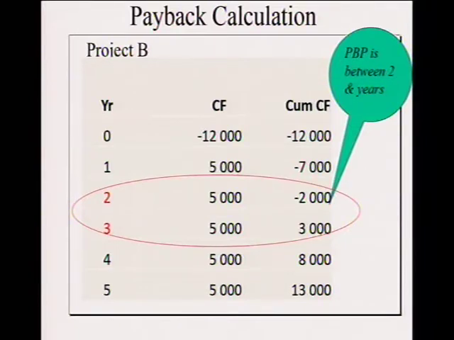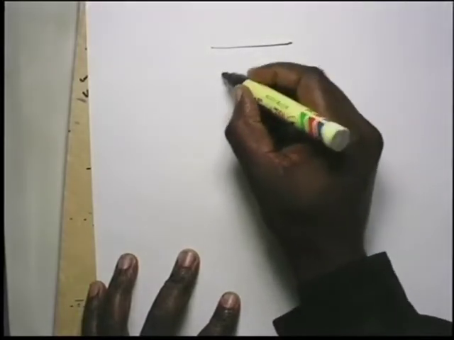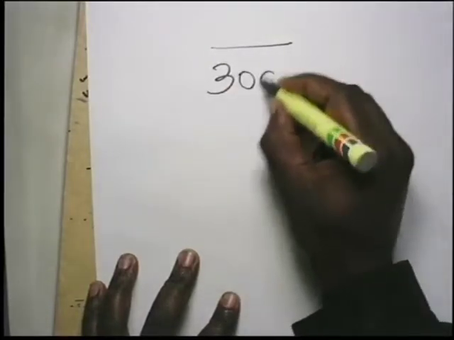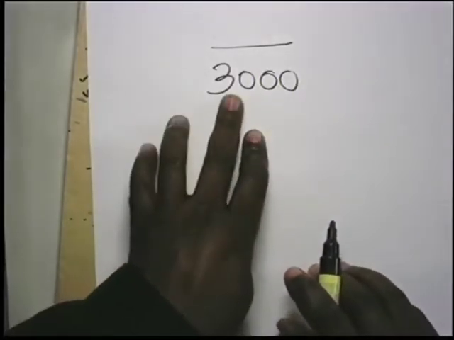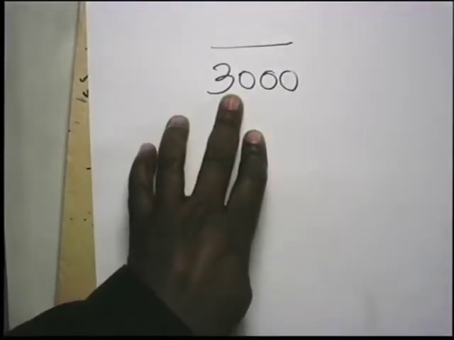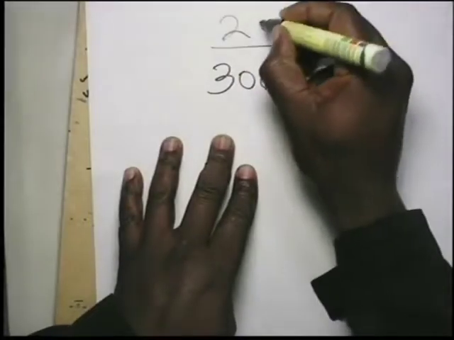Now, it means this 2,000 is going to be recovered in year 3. Let me do this calculation. In year 3, our cash flow is supposed to be 3,000. But at the end of year 2, we are only left with 2,000. We only need 2,000 to recover the amount invested.